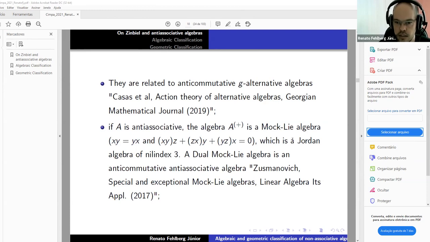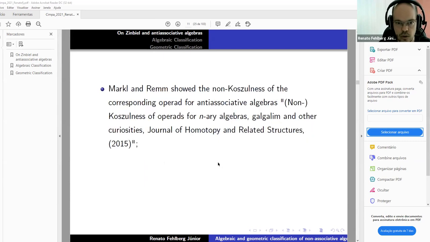That is a Jordan algebra of Lie index 3. And also a dual mock Lie algebra is an anticommutative, antiassociative algebra. And all these results appear in this paper, especially exceptional mock Lie algebras. Also, in this paper, the Koszulness of the corresponding operad for antiassociative algebra is proven.